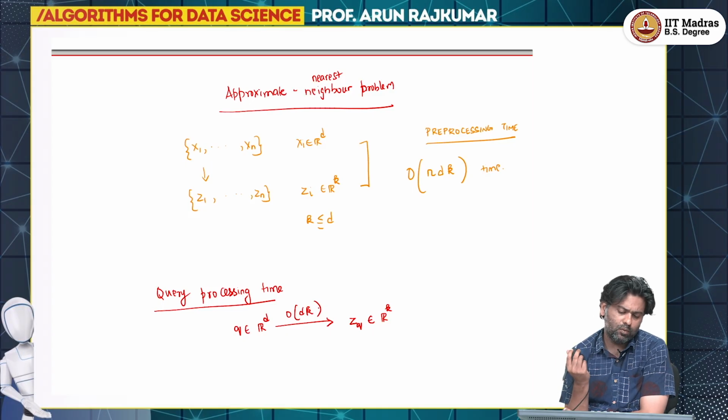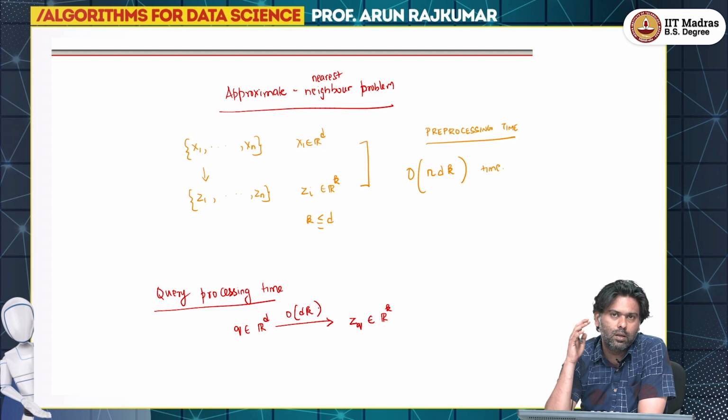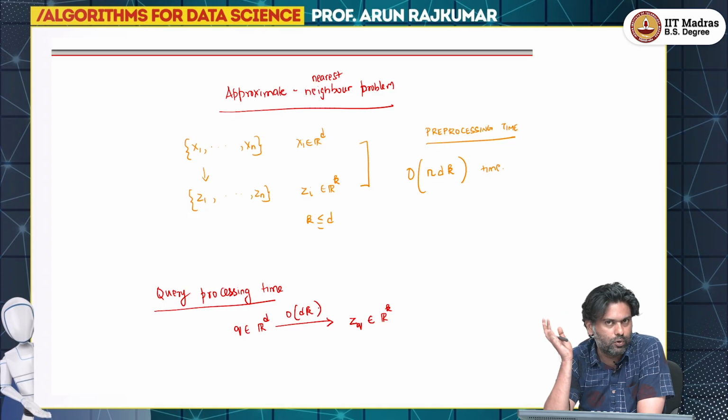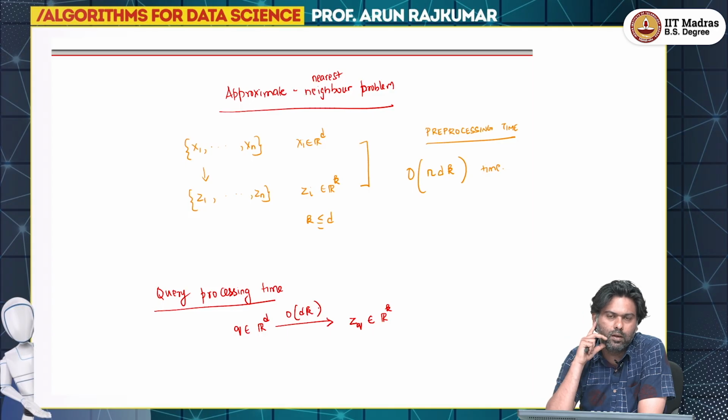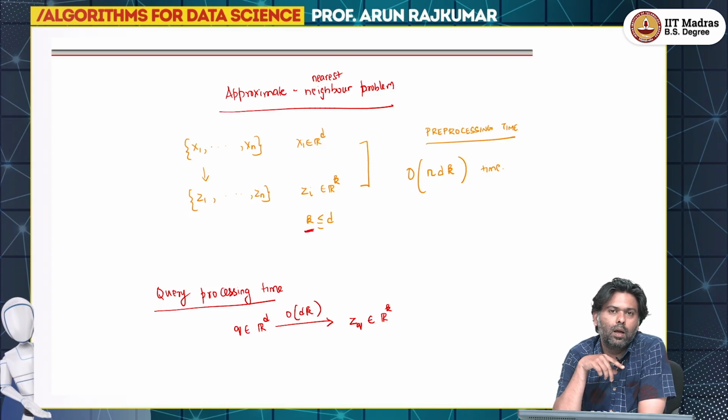Now one thing to keep in mind generally is, if you are going to answer many queries at test time, and you have a rough number in mind, it's a good idea to choose this k in the pre-processing so that it includes the number of test points also.